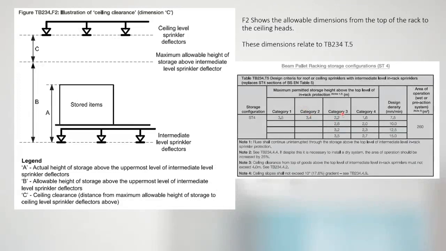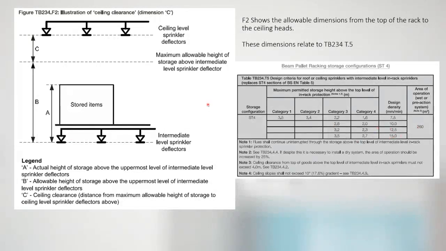So category 3, you can work it back here or whatever. So if your B storage height is say 3.2, you need to have 12.5 millimetres at the roof over 260, etc. So if you've got 3.5 metres from the line of the top sprinklers to the top of the storage, 15 millimetres at the roof at 260.